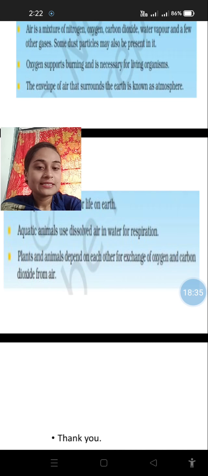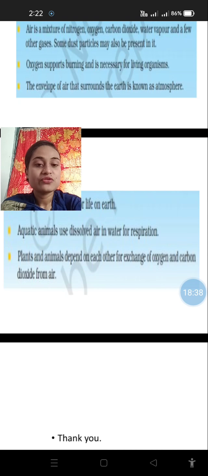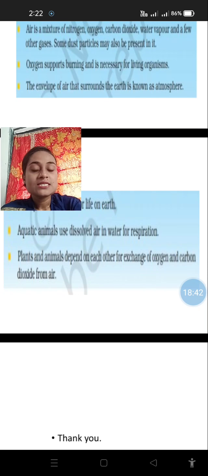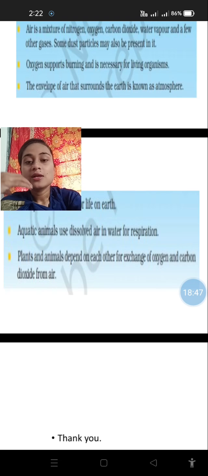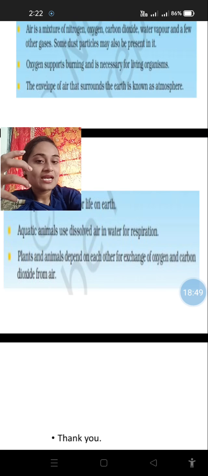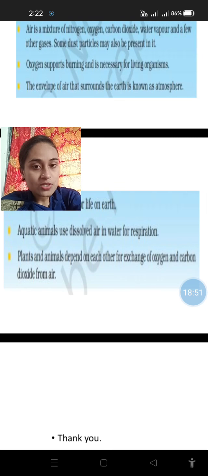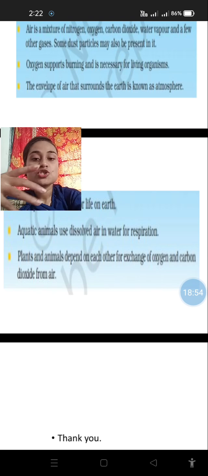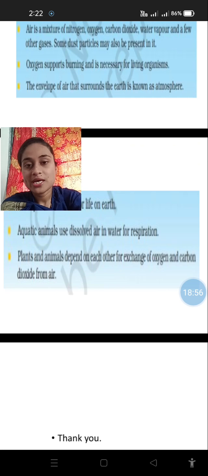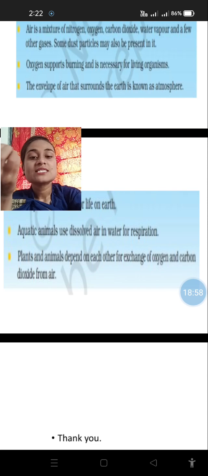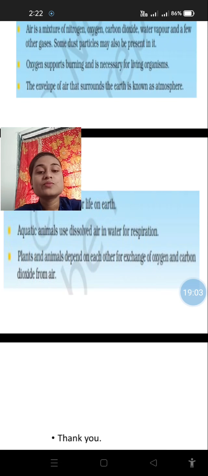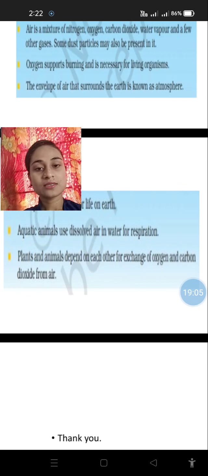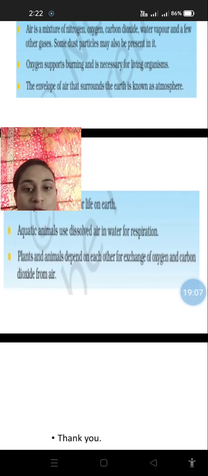Plants give us oxygen, and animals and all other organisms give it back as carbon dioxide. So they are exchanging oxygen and carbon dioxide with each other for having life on this earth.